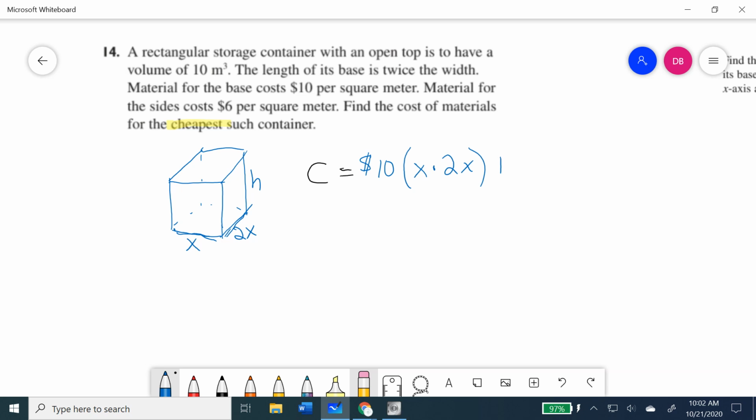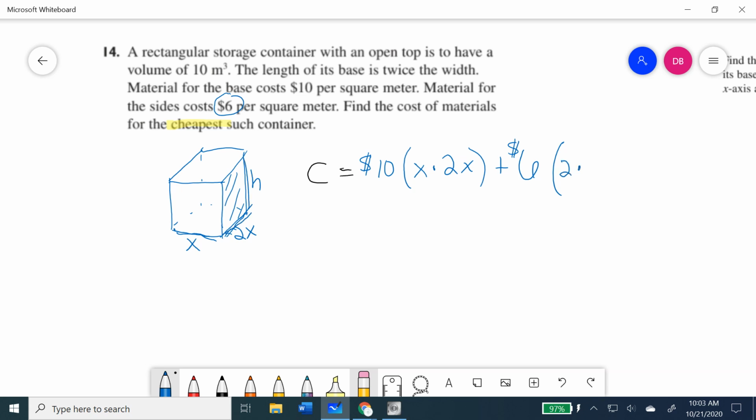And then I need to add to that the sides cost $6 per square meter. So I'm going to multiply $6 by how much area I have on the sides. 2 of my 4 sides are 2x times h.